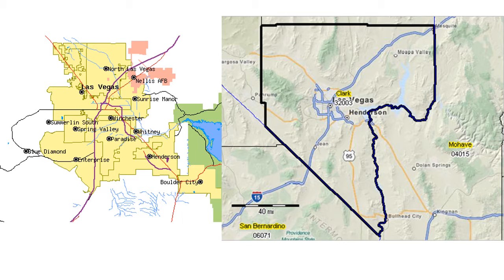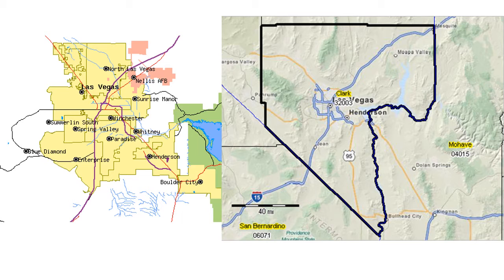While communities like Summerlin, Blue Diamond, Whitney, Winchester, Paradise, these places are unincorporated cities, a slightly less official designation, right? But they would all have city councils, plan their communities separate from each other and so on. On the right is the Las Vegas MSA, right?